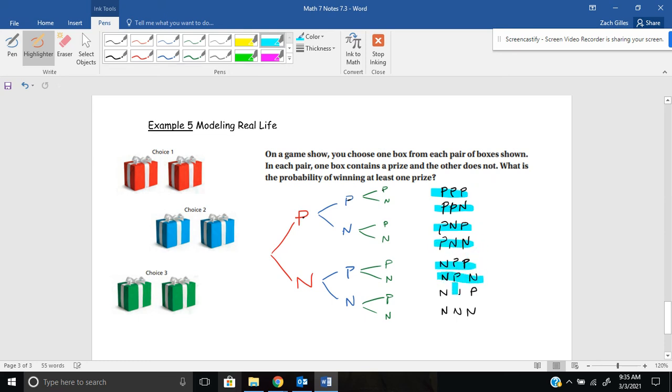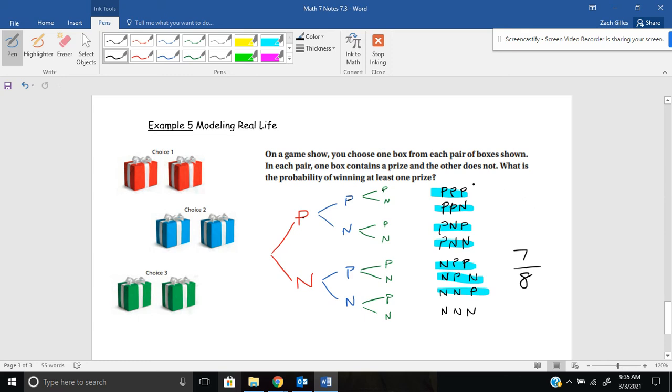At least one, at least one, at least one. There's only one situation in which I don't get a prize. So how many is that? 1, 2, 3, 4, 5, 6, 7. So I have 7 out of a total of 8 chances of at least one prize.